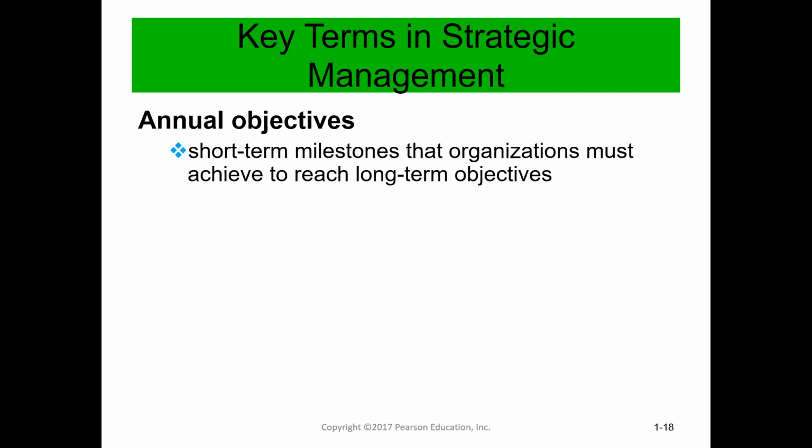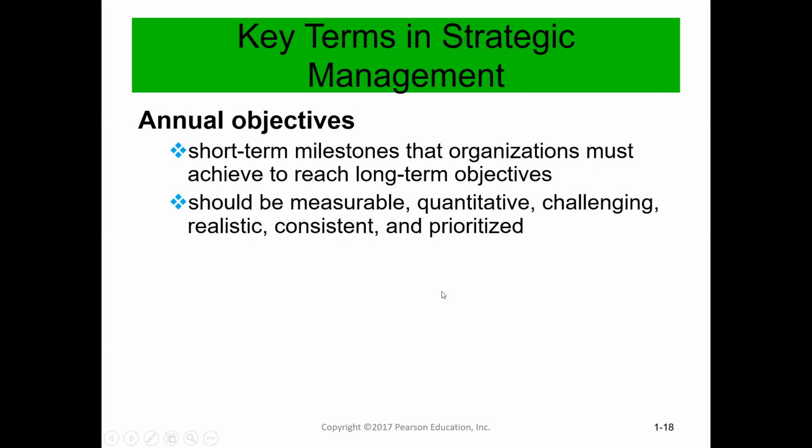Kami din, for example sa akin, as yung aking designation as guidance facilitator, hinihingan kami ng ganito, no? Our short-term milestones that we need to achieve. And should be measurable, quantitative, challenging, realistic, consistent, and prioritized. So in other terms, this is what we call SMART, no?